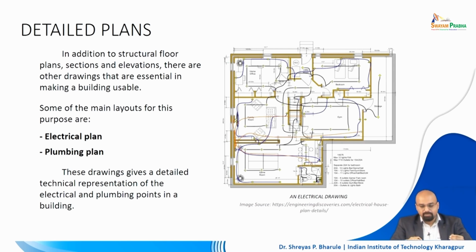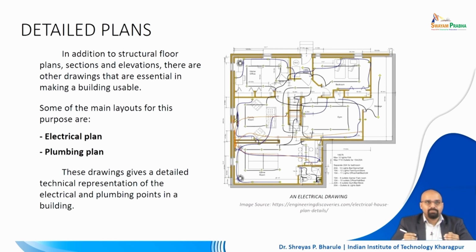So this is a typical layout being provided for a particular case, right? In addition to the structured floor, in addition to what we will be developing as a complete construction of that particular house or building, there are certain services, certain utilities which will be added on top of that, right?